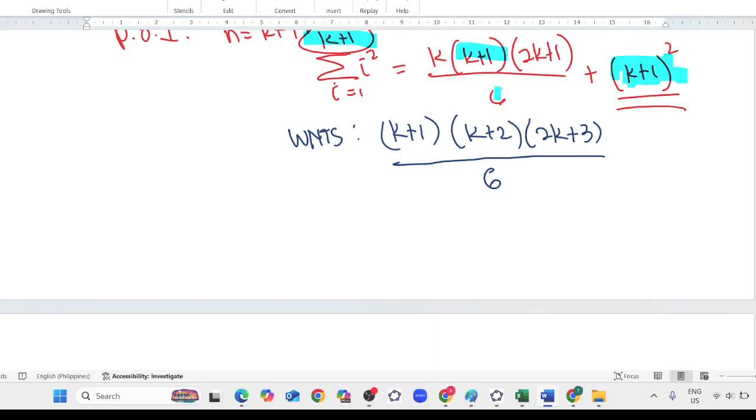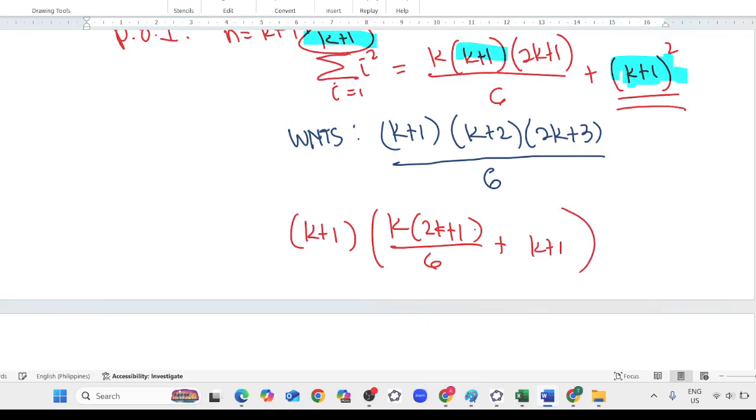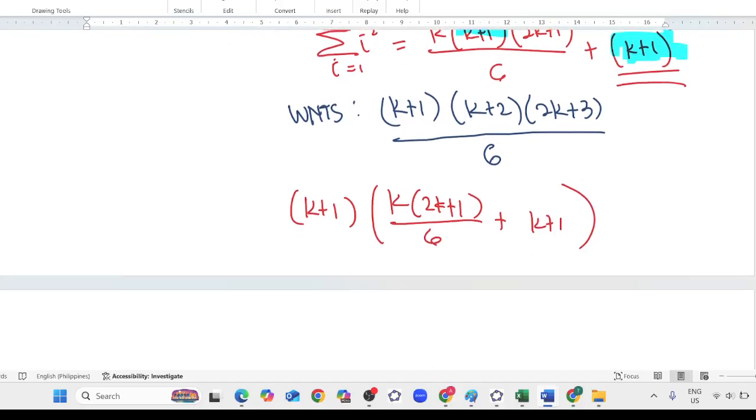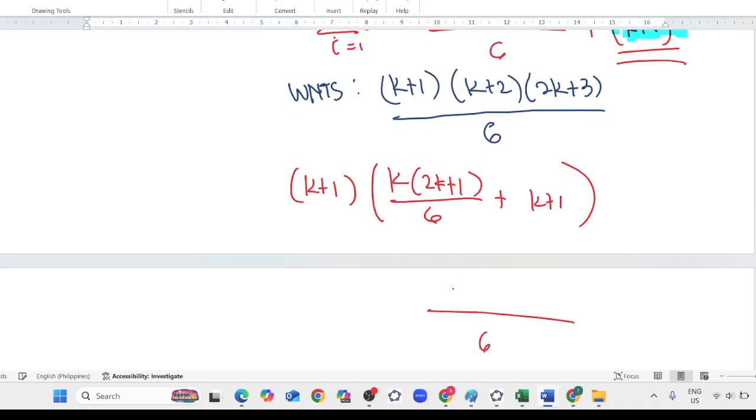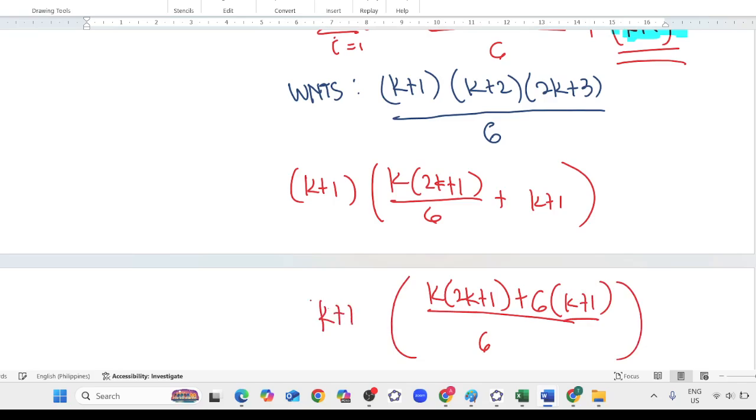So we will get that k plus 1 there. So k plus 1 times what is left, k times 2k plus 1 divided by 6, and what is left on the other side is k plus 1. Then we transpose this to the same denominator, that is 6. So 6, then k plus 1 times 6 times k plus 1.